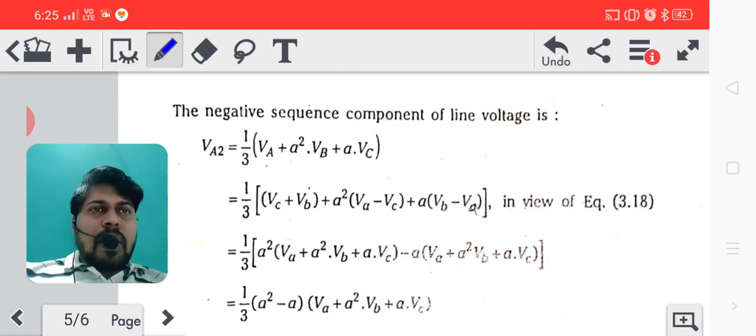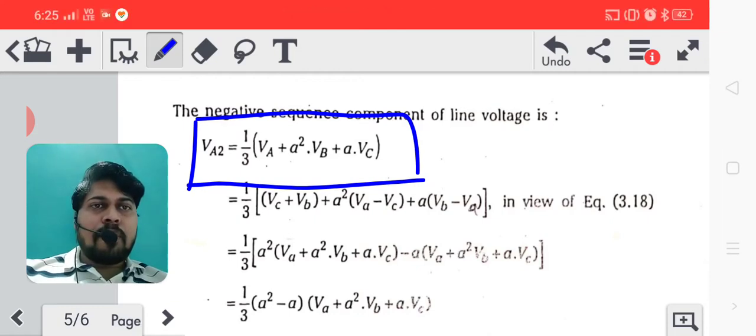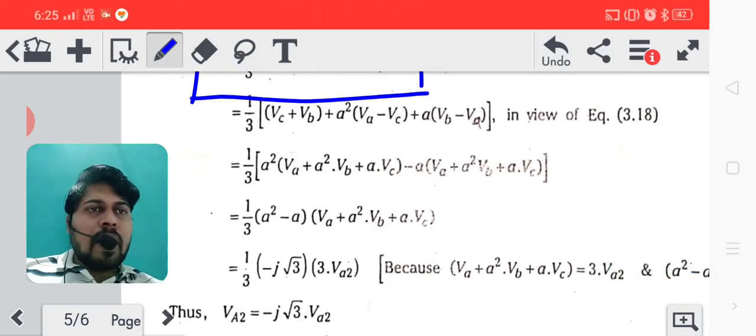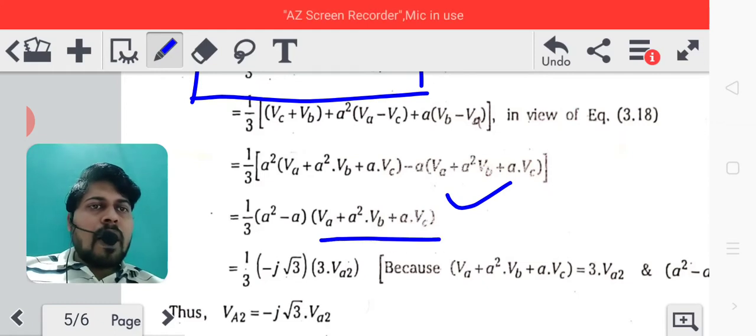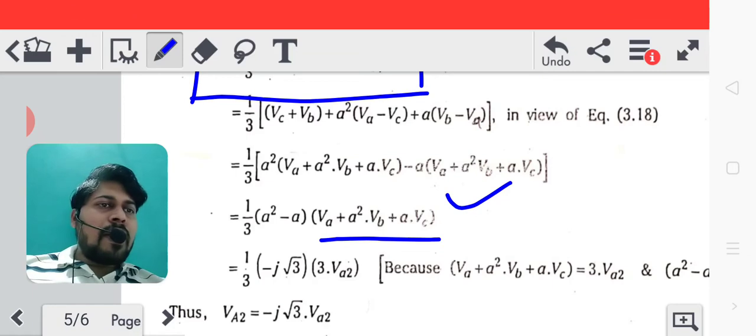The negative sequence component of the line voltage is written like this. VA2 is equal to 1 by 3 into VA plus a square VB plus a VC. So after solving this, we'll get the expression like this. So in place of VA plus a square VB plus a VC, we can write 3 into Va2.